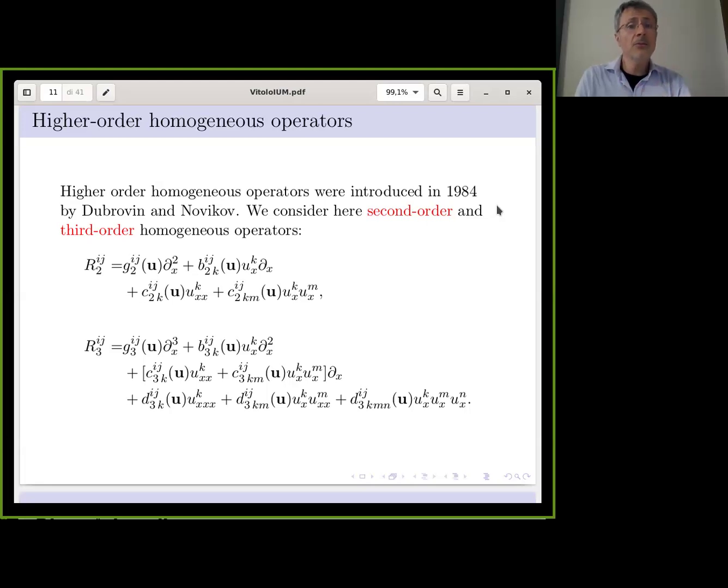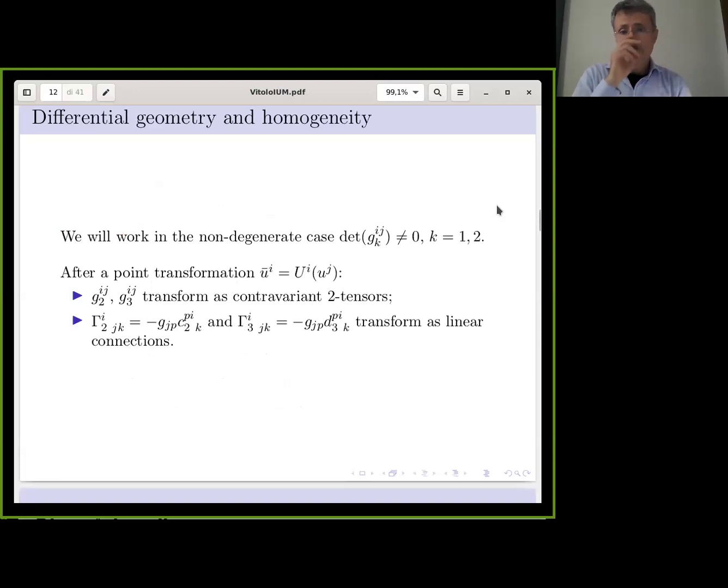You look for higher order operators in a simplified form, which can be achieved once one observes that, in the non-degenerate case, you have two connections hidden into the operators. Again, the point is that this time these connections are not metric. So there is no strict correlation between these connections and the leading coefficient matrix of the operators.